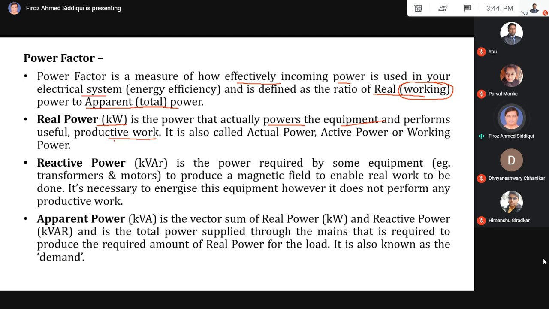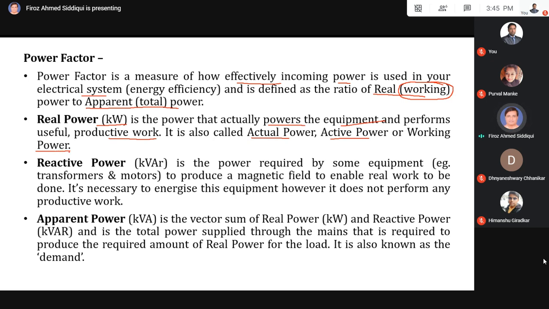It is the power that actually powers the equipment, और जिससे प्रोडक्टिव वर्क हो रहा है. जो भी आपका इलेक्ट्रिकल इक्विपमेंट है, वो जितना प्रोडक्टिव वर्क में पावर यूज कर रहा है, that power is called the real power. It is also called the actual power, active power and working power of any electrical system.